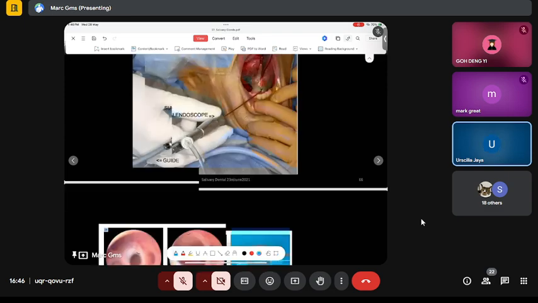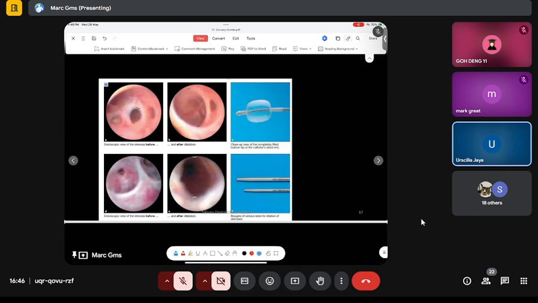Next. So this is for the balloon dilatation, like I told you earlier. You basically put it through the stenotic segment and then you open it up. You inflate the balloon, you leave it there for a minute or two, and then you deflate it. Okay, next.